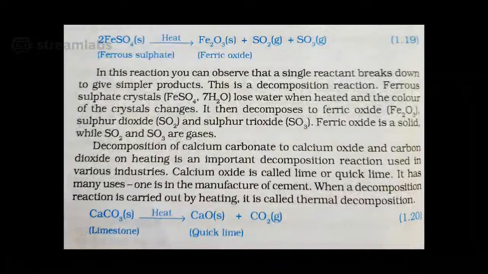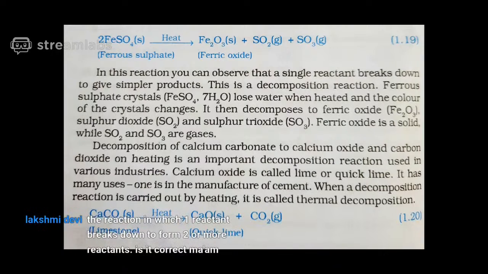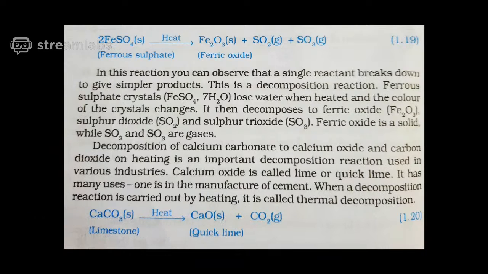Ferrous sulfate, when it is heated, three products are formed. Any reaction where one reactant breaks down to form two or more simpler products is called a decomposition reaction. And look at the second example, calcium carbonate. When it is heated, it decomposes to calcium oxide and carbon dioxide. This is thermal decomposition. A very good example of thermal decomposition.